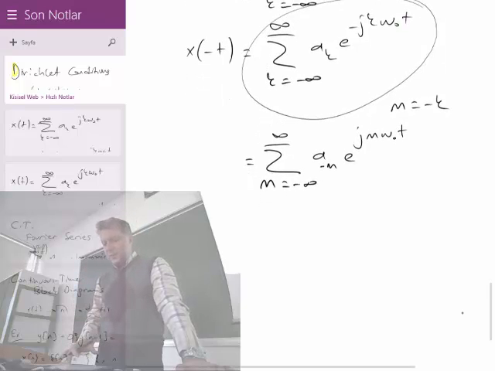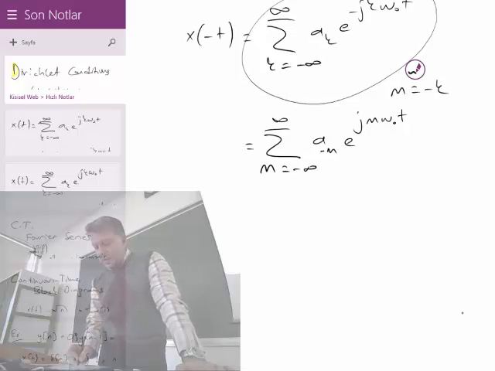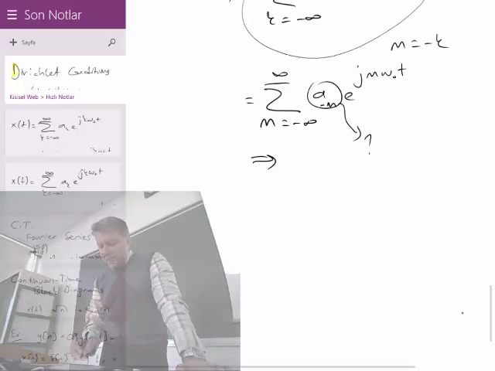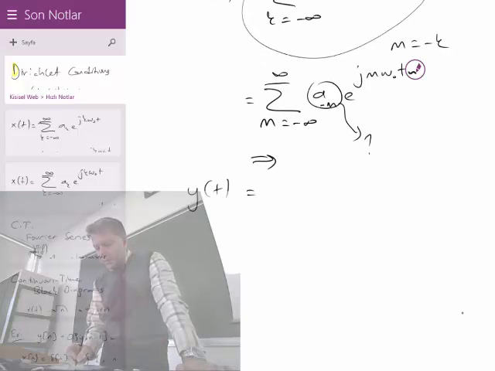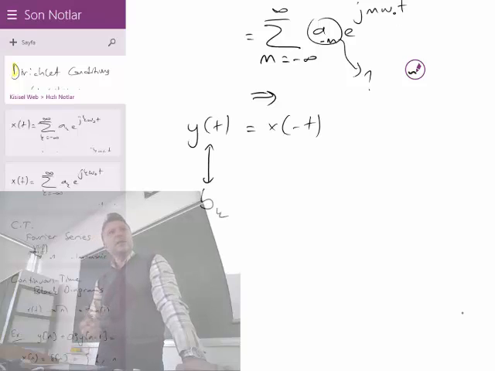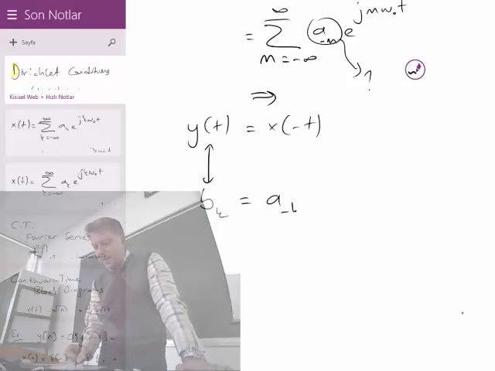So this is our new representation, which says that the new Fourier series coefficients are these. And what does it say? It says just a negation of the index. So it means if y of t is equal to x of minus t, then the corresponding Fourier series coefficients bk of this time inverted version of the original signal would correspond to a of minus k.